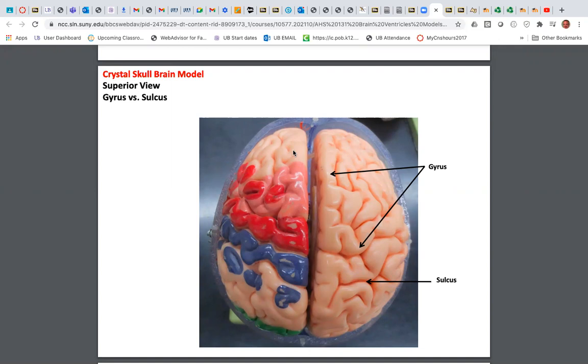In terms of the neuron, there'll be about 4 questions on the neuron. There's going to be about 14 questions on the brain model. There will be about 8 questions on the spinal cord, the cross-section of the spinal cord.